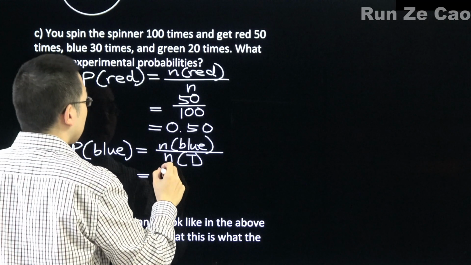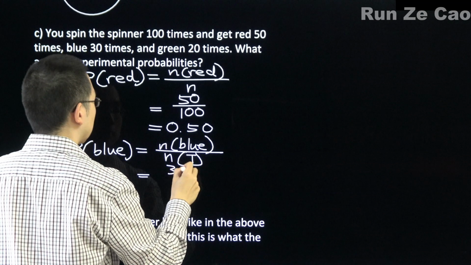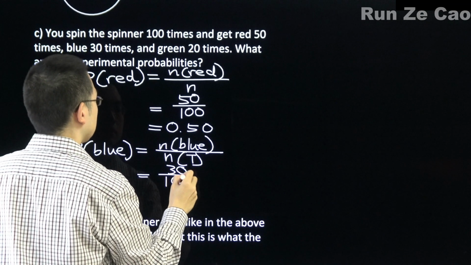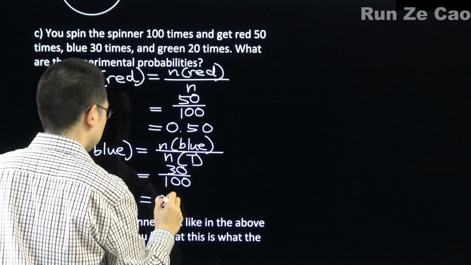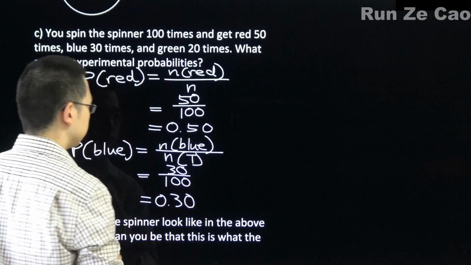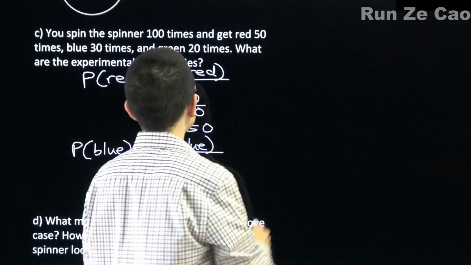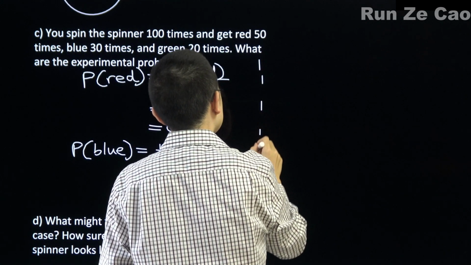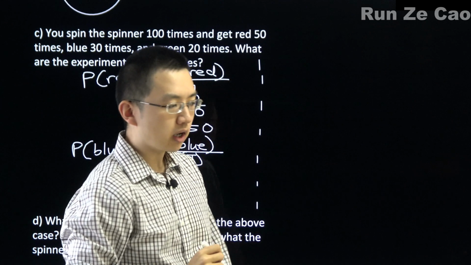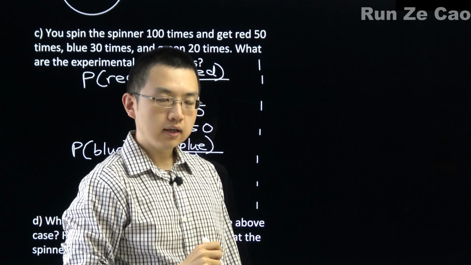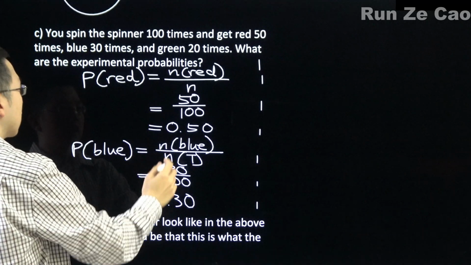And that would be 30 times out of 100, or equals 0.30.